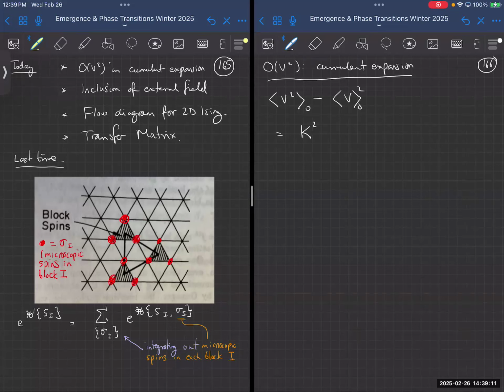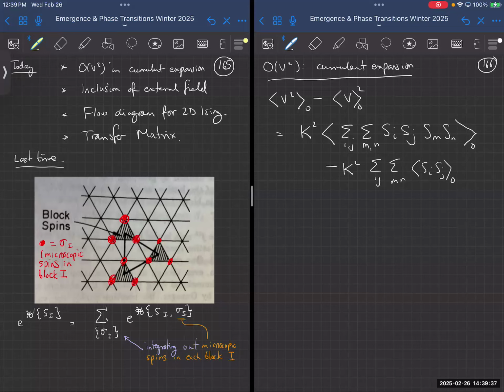So it looks like this. I'm going to write it out and I'm going to draw you a little picture so you can see where these terms come from. And so that's what I claim it is.